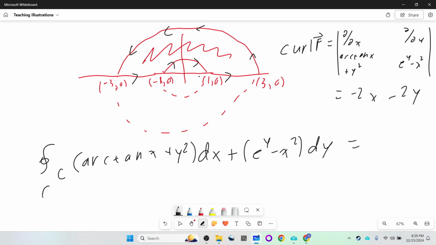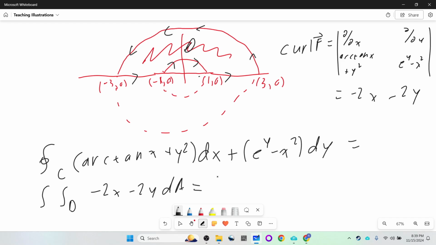This would become the double integral of -2x minus 2y dA across the region D. Now this is practically screaming that you should use polar coordinates, because the radius goes from 1 to 3, and the theta will go from 0 to pi. This is what we would call a polar rectangle. It is what a rectangle looks like in polar form.